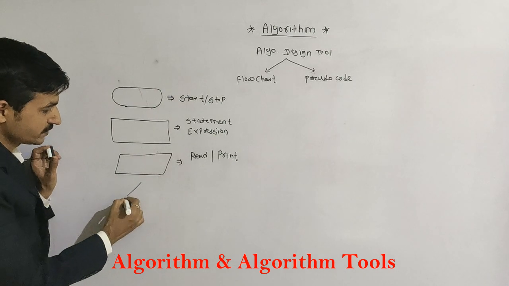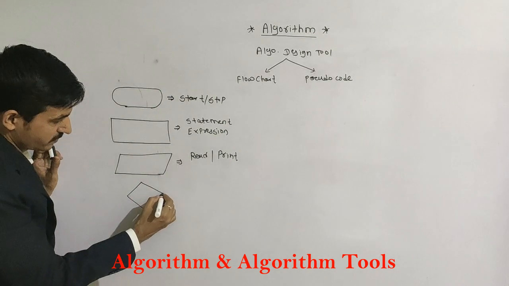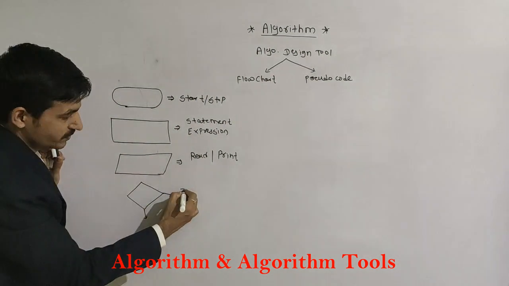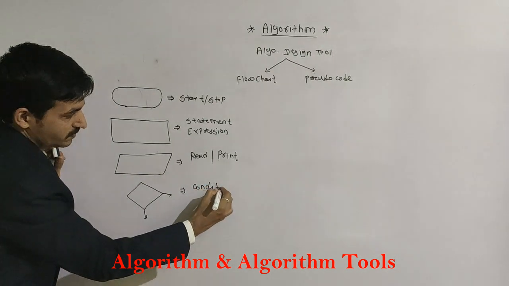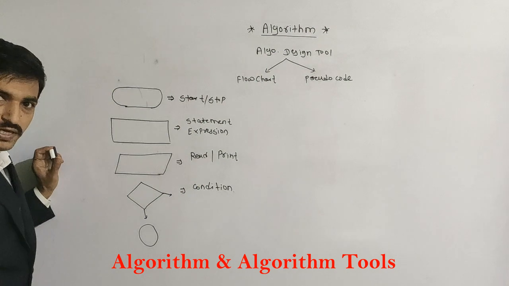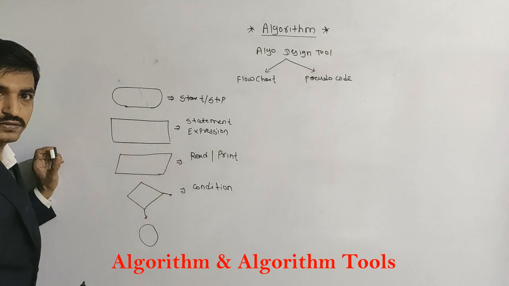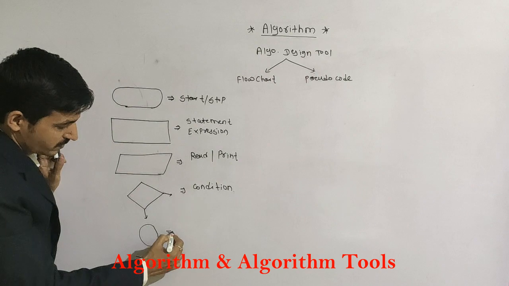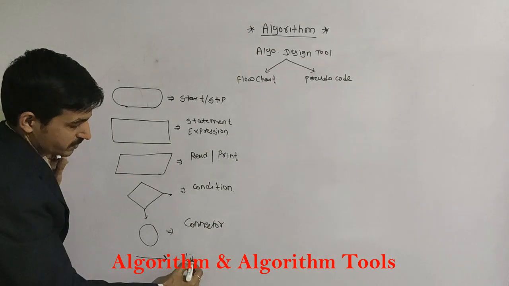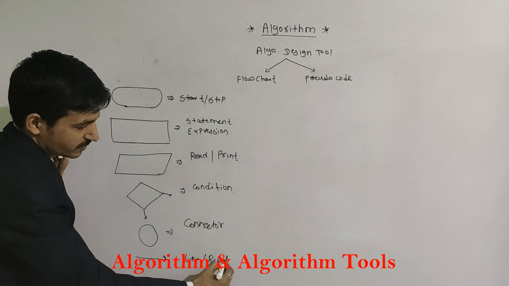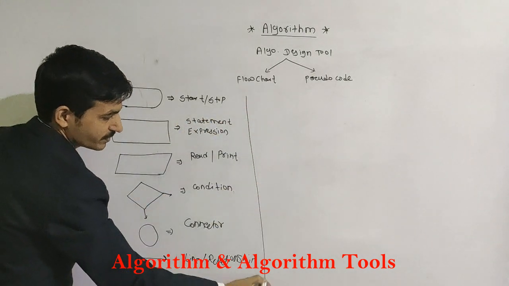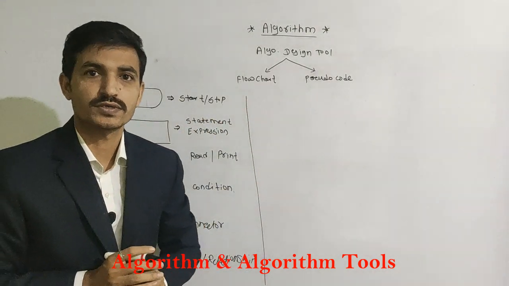The next symbol is the diamond, also called a condition. The next symbol is the connector, which will connect the algorithm. This is the connector, and this is the line which will represent the relationship. So these are the important symbols in the flowchart.